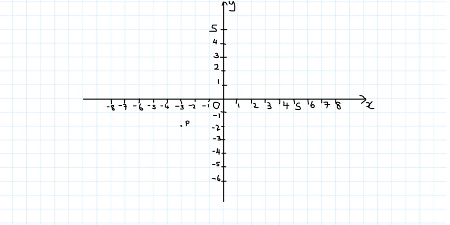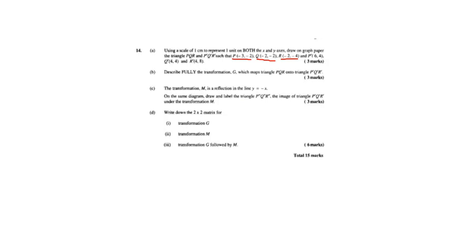Oh my goodness, this triangle is extremely tiny. And then finally R is -2, -4.